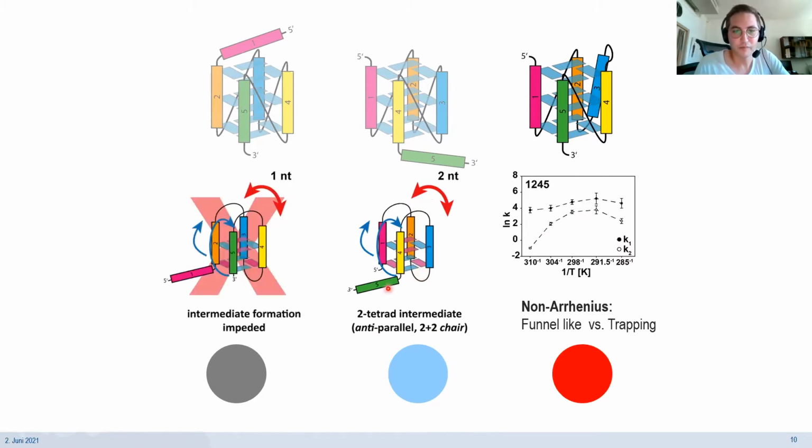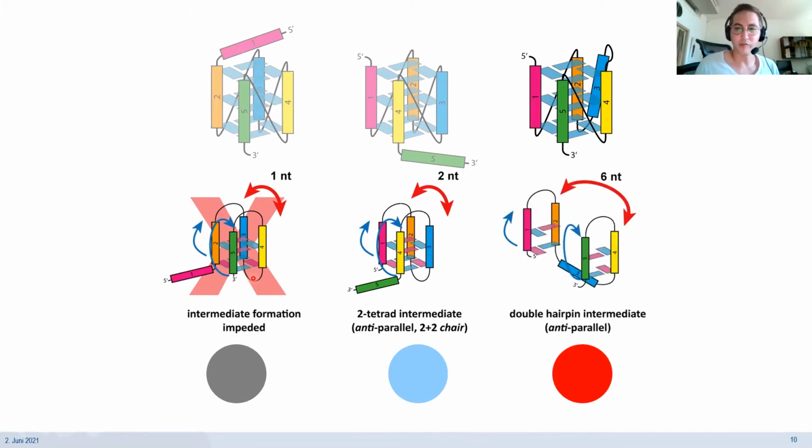Following this, it also explains why we are on the very fast funnel-like folding here, because the resulting single-nucleotide loop prevents a stable formation of this intermediate state. Thereby you bypass this intermediate state and directly fold down to the major conformation. And following this argumentation, the intermediate state for this long-looped, red conformation here would result in a long internal six-nucleotide loop.